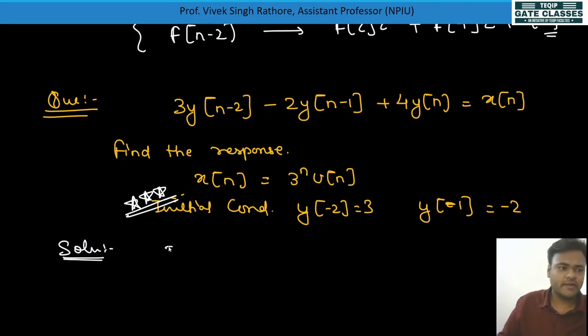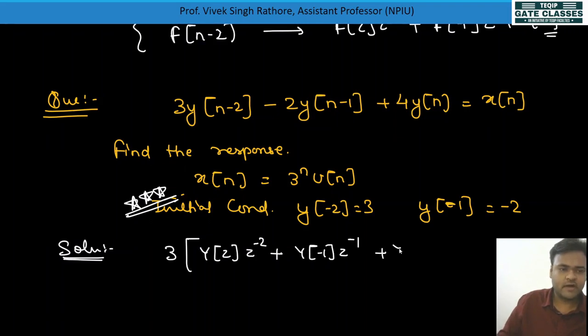So here what we'll take: 3 is there, Y(z) z to the power minus 2, plus y(minus 1) z to the power minus 1, plus y(minus 2) z to the power 0, and this will go on.